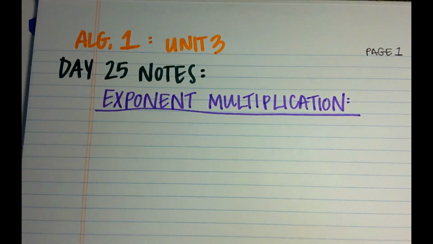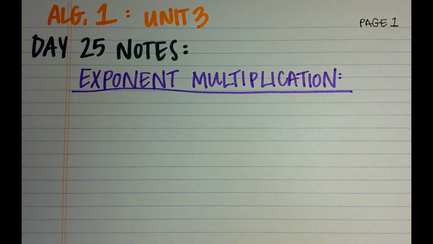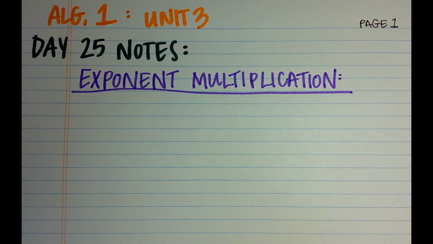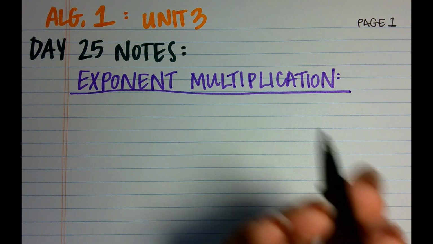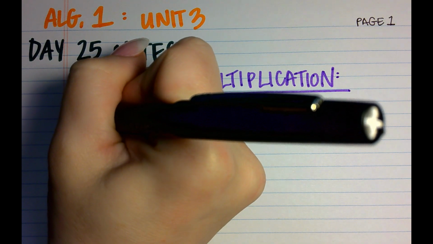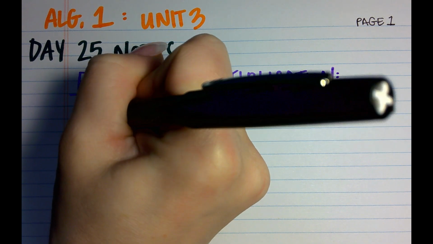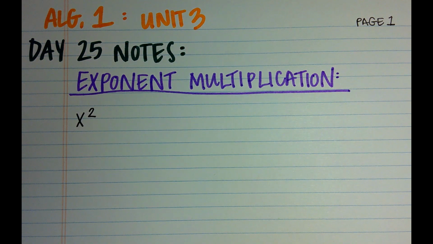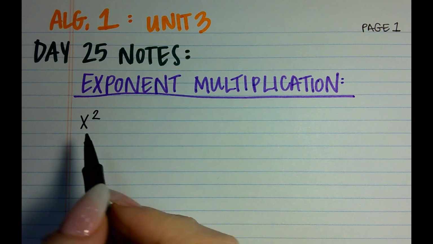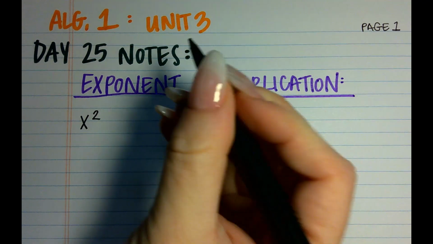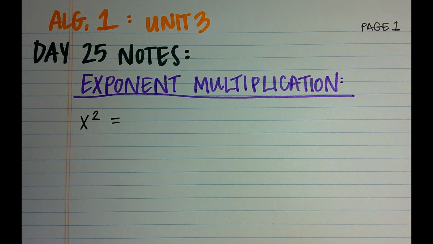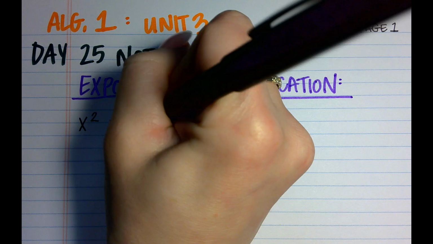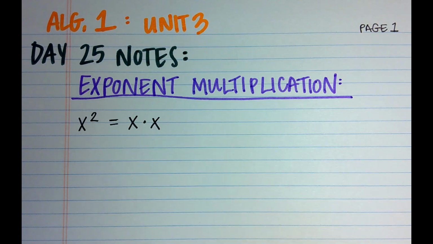Whenever we have exponents, that's that little number at the top right corner above a number or above a variable, such as x squared. So when we have x squared, what this means is x times x.